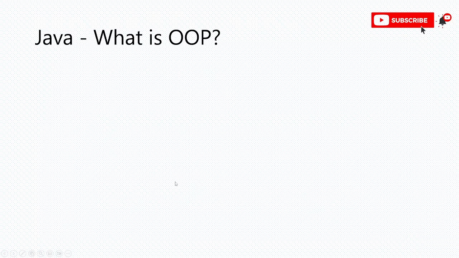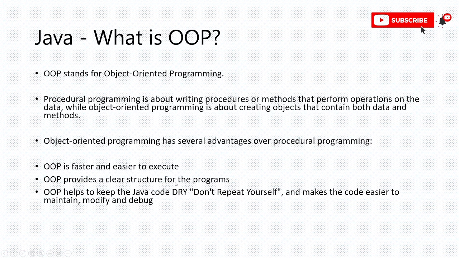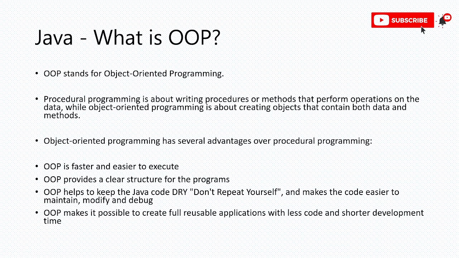And this blueprint can be used to create multiple houses. One blueprint can create hundreds of houses. That's also possible in Java object-oriented programming. So write once and use many times, which makes the code easier to maintain, modify, and debug. OOP makes it possible to create a reusable application with less code and shorter development time.